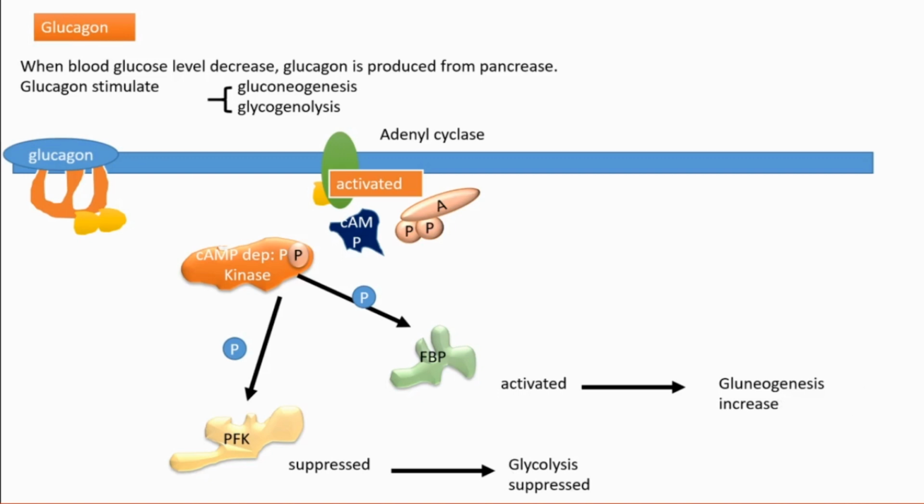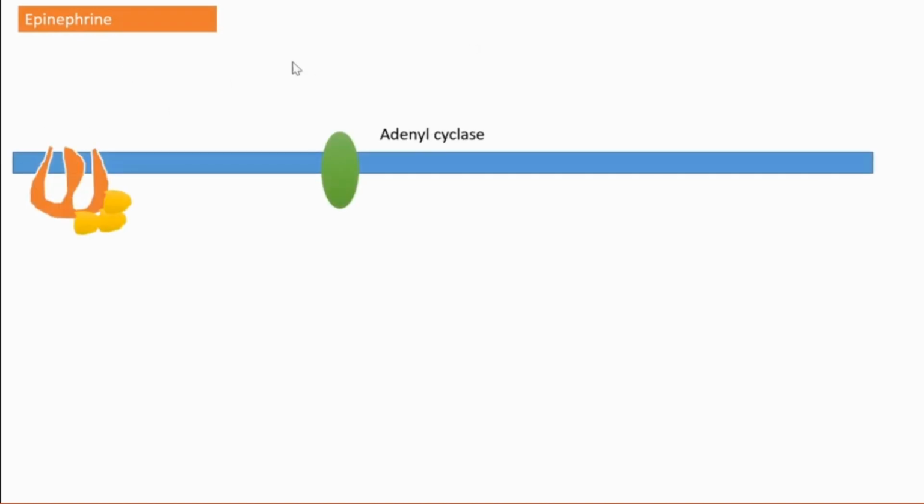Next, we are going to see the role of another hormone called epinephrine. Epinephrine is also secreted when the blood glucose level is very low, and it also acts by way of the G protein coupled pathway. Epinephrine binds the receptor, the G protein alpha subunit detaches and binds adenyl cyclase, the effector enzyme.